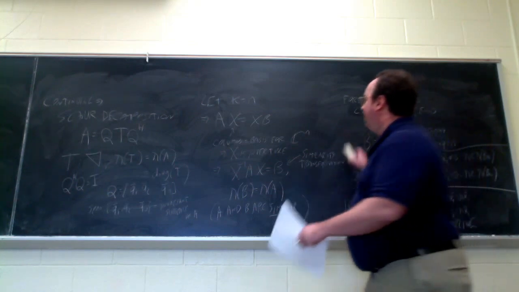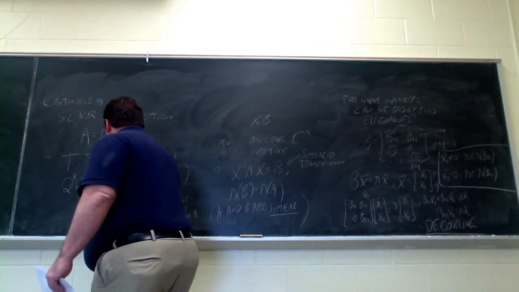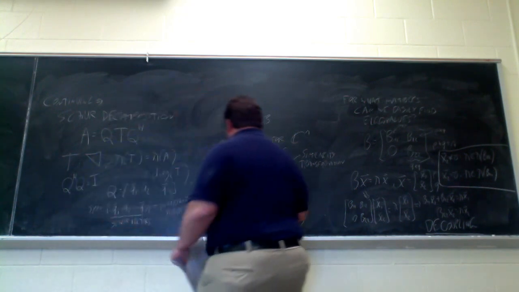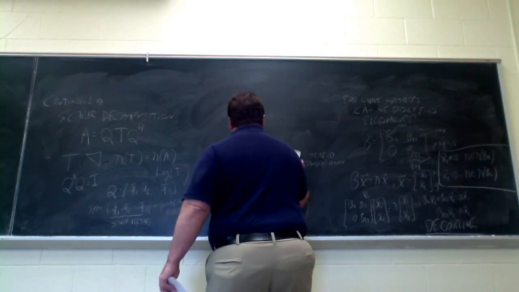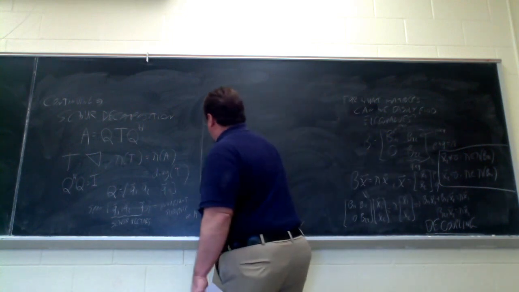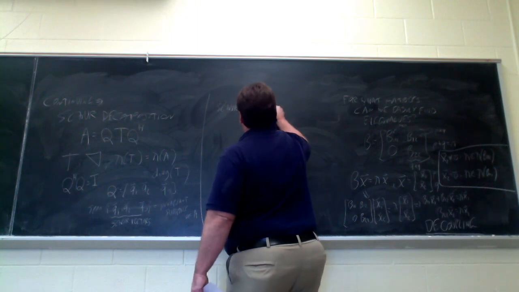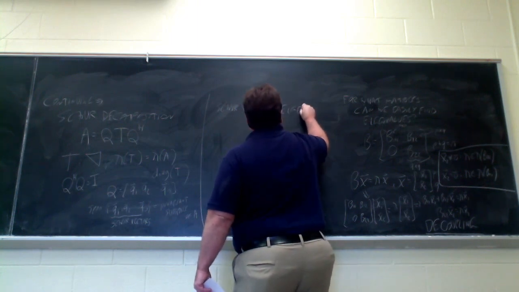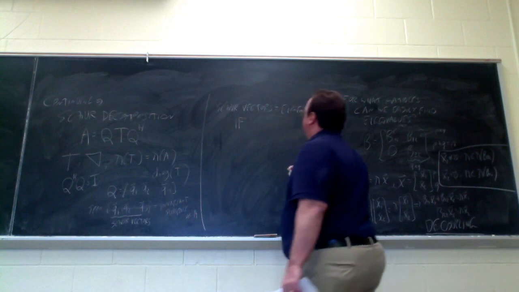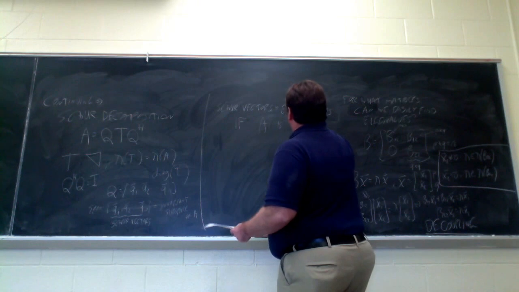These are called Schur vectors. So I can make a slightly stronger statement than I did a while ago. I said that these are eigenvectors if A is symmetric. But I can say this: Schur vectors are the same as eigenvectors if A is normal.